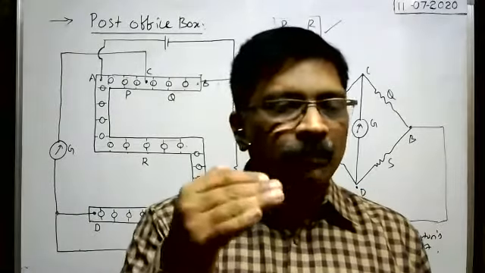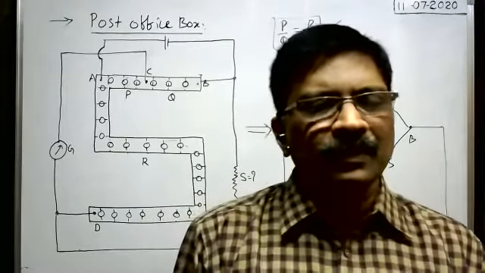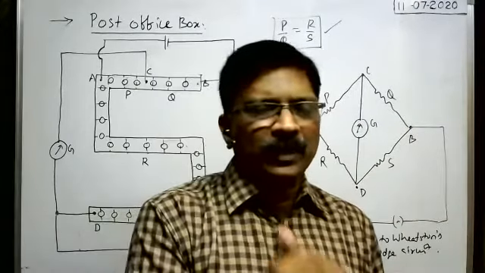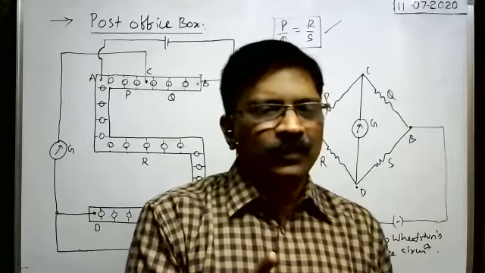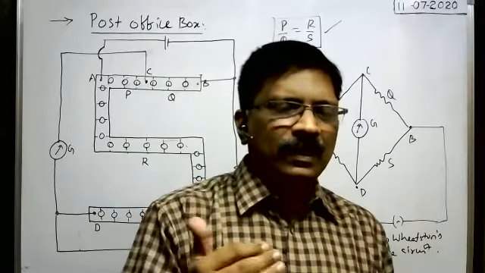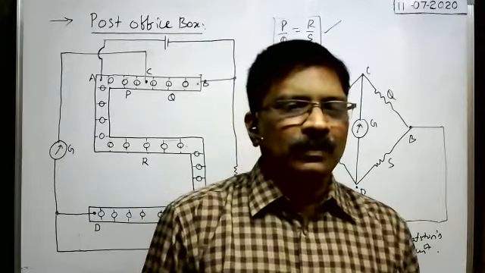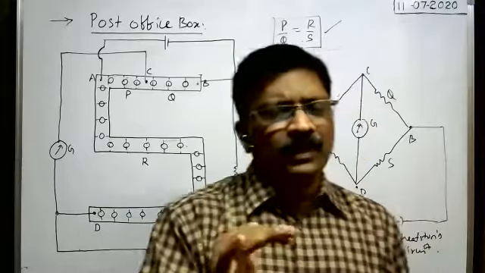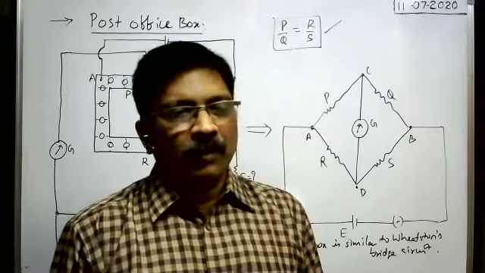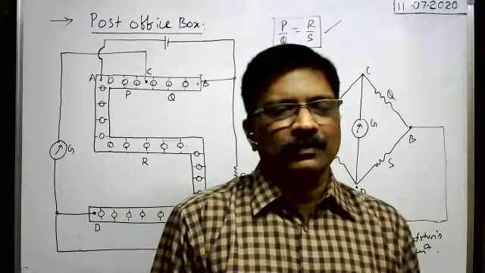Suppose the Wheatstone bridge is not balanced. In such a case, how can we determine the effective resistance? Already we have this problem in our material also. By Kirchhoff's first law and second law, dividing the current into a number of parts, we calculated the effective resistance between the 2 points of the unbalanced Wheatstone bridge, but by that method it is somewhat difficult. How can we find it in a simple manner?